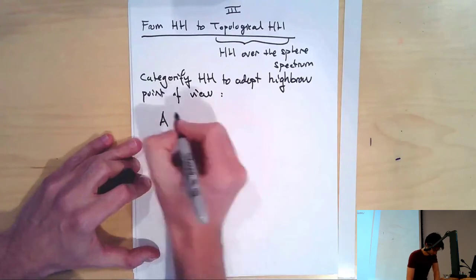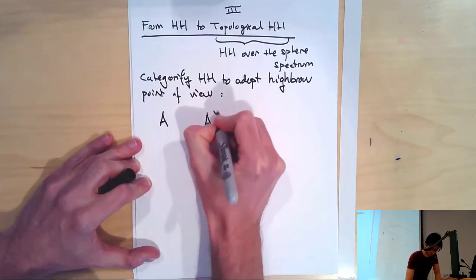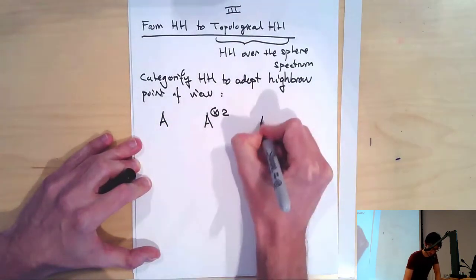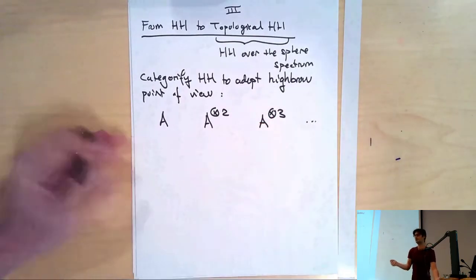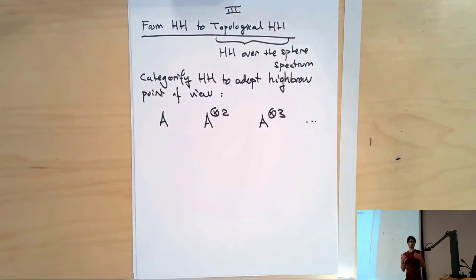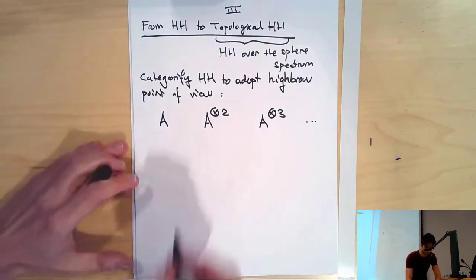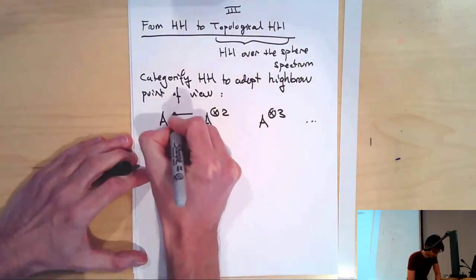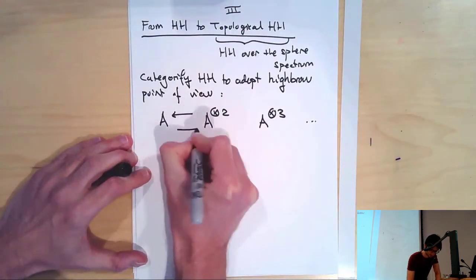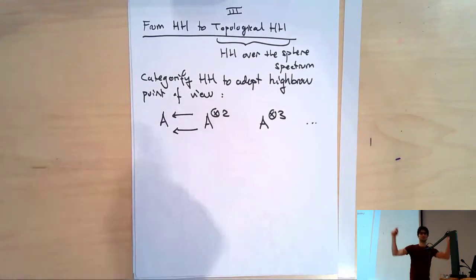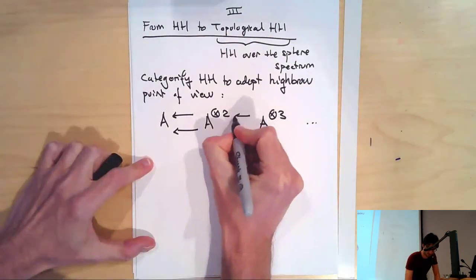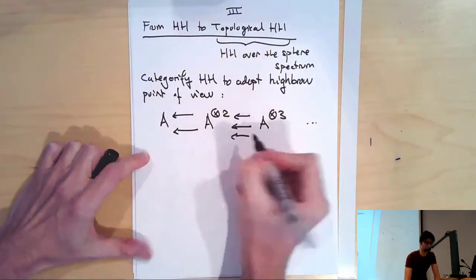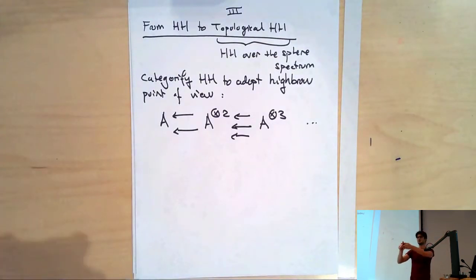So let's recall the structure that we had in our Hochschild complex. So write A tensor 2, A tensor 3, and so on. And although I gave this to you in the first lecture as a complex of K-modules, it was really a complex that came from a simplicial K-module. I had these two maps down in which I can multiply the first two elements or do it the other way around. And then I had three maps here by multiplying these elements, or the next elements, or the zeroth and the final element.